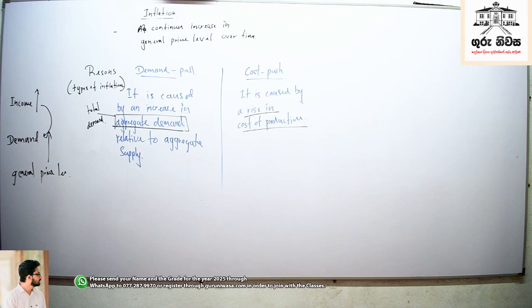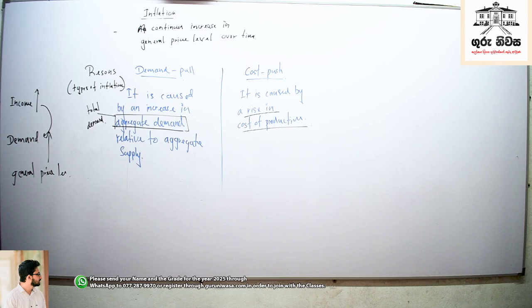Increases. Then what are you going to do to cover up this increase in price? How do you cover this price increase in cost? You have to increase the selling price. That is the only option you have.